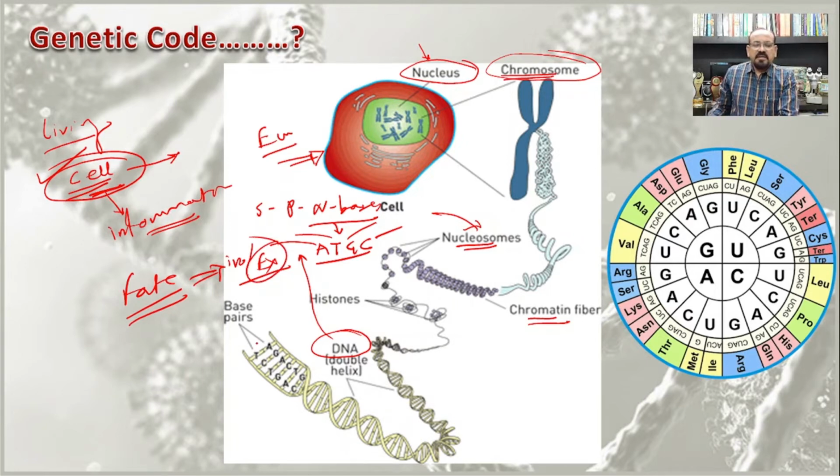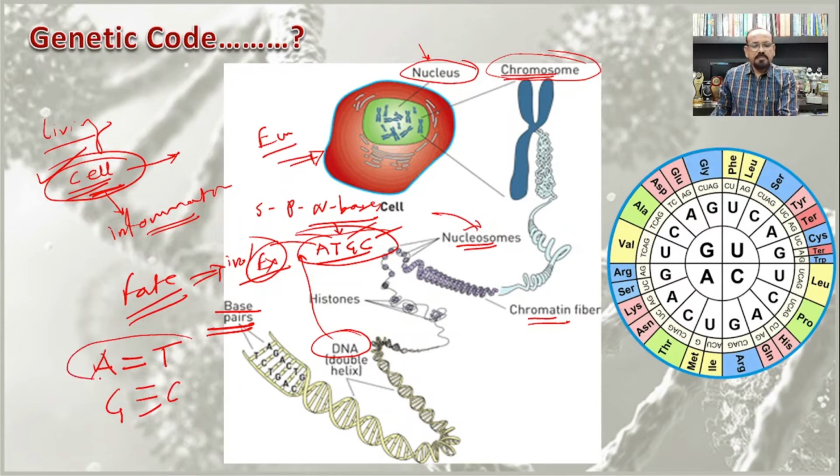No doubt, the environment also plays an important role in the expression of the external characters. Now, if you see the nitrogen bases present in the DNA, that is ATGC, adenine, thymine, guanine and cytosine, there is complementary nitrogen base pairing between adenine and thymine by 2 hydrogen bonds, and between guanine and cytosine by 3 hydrogen bonds.